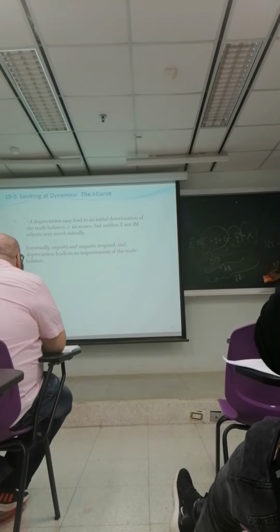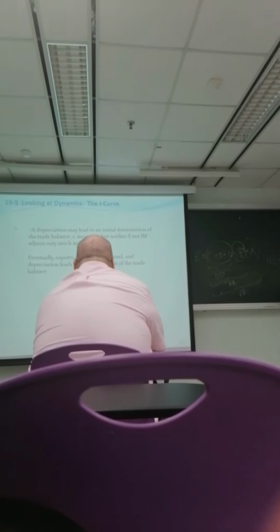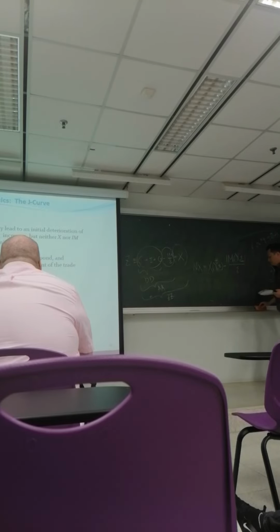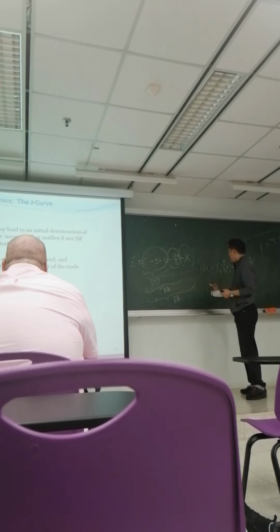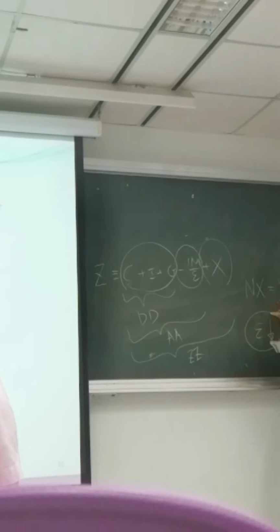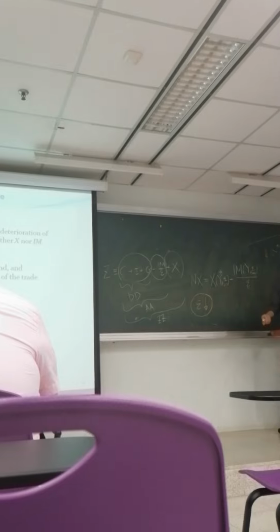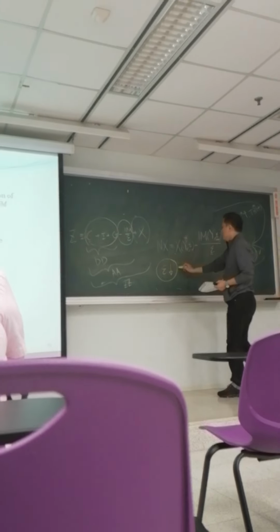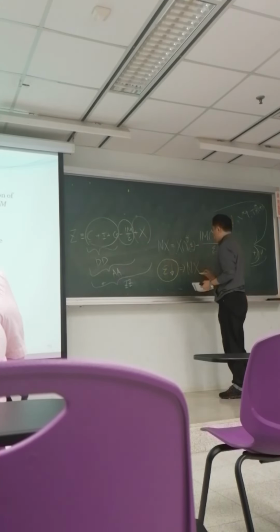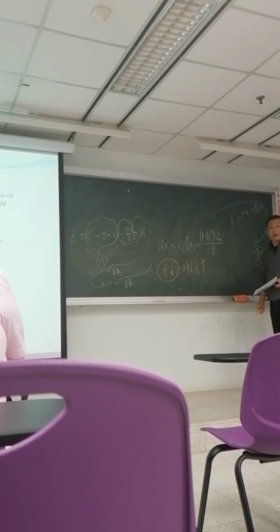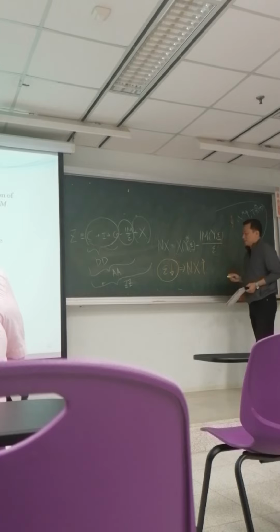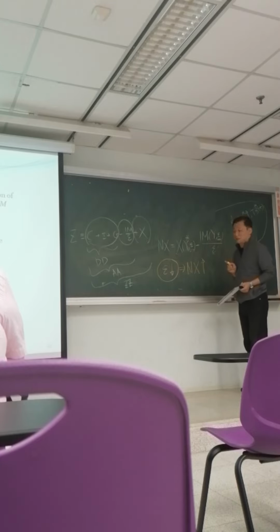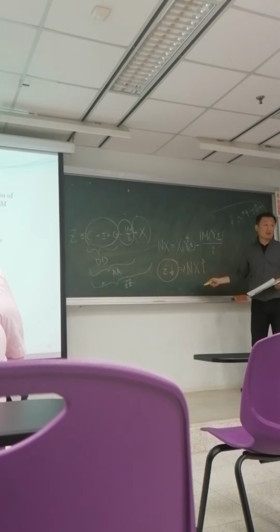Still, we need this equation. Depreciation. Earlier, I said that if we have the Marshall-Lerner condition, Nx will rise. But when I say Nx will rise, it doesn't mean that this will immediately happen.